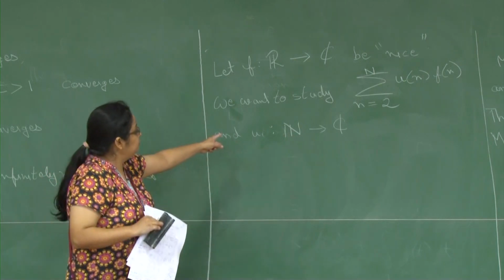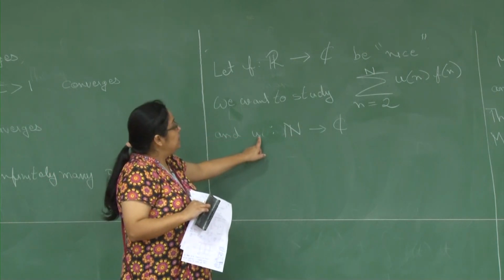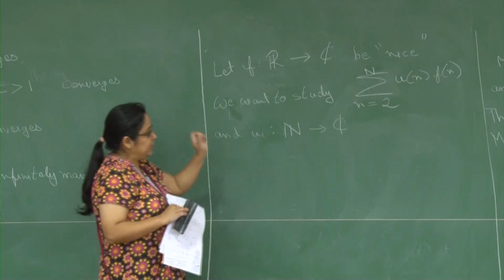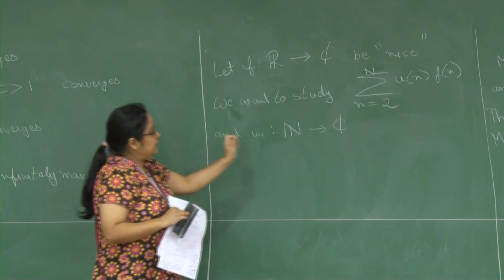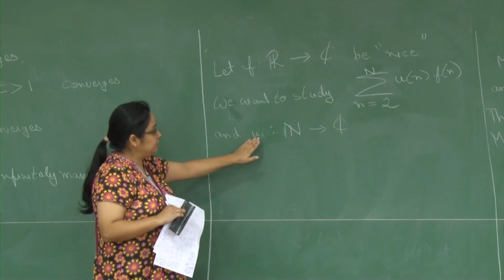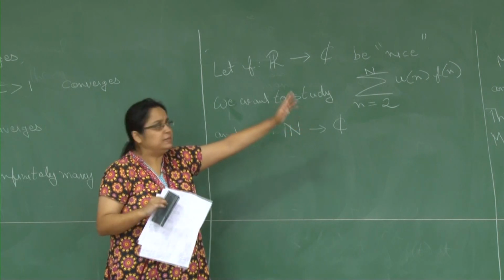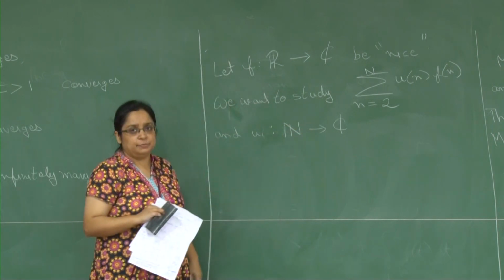We need not have u to be defined on all of R. We want to take something that is defined on the set of natural numbers. So, this is an arithmetic function. f is also an arithmetic function, but it is something more than an arithmetic function.